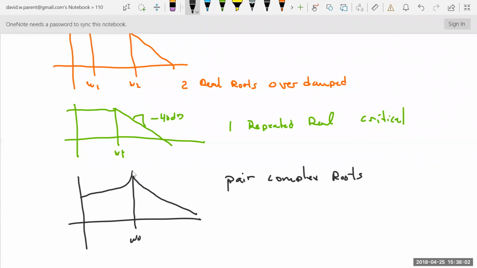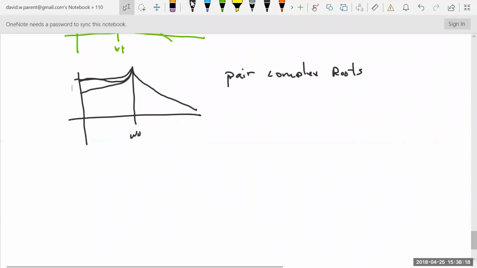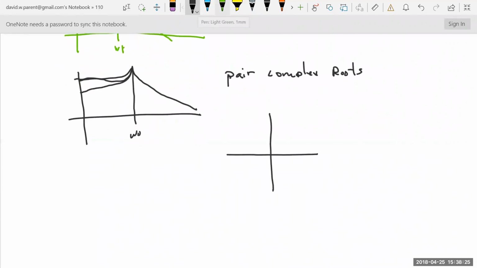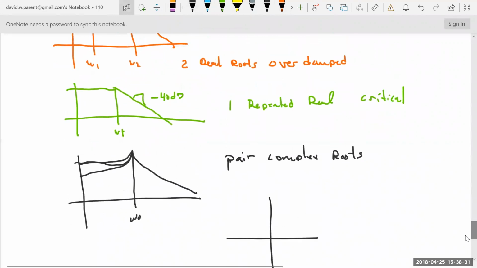And I think the intuitive way to think about it is that we have overdamped.